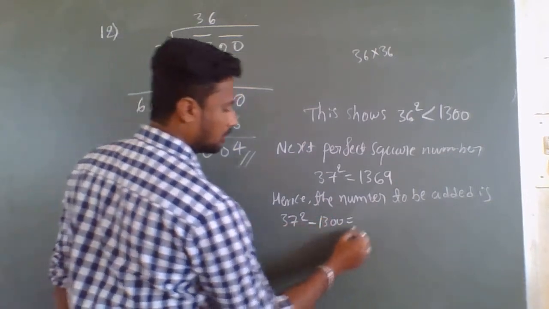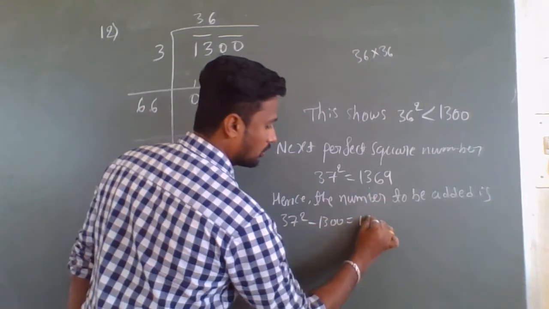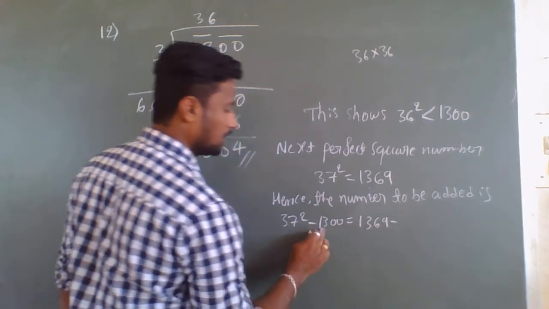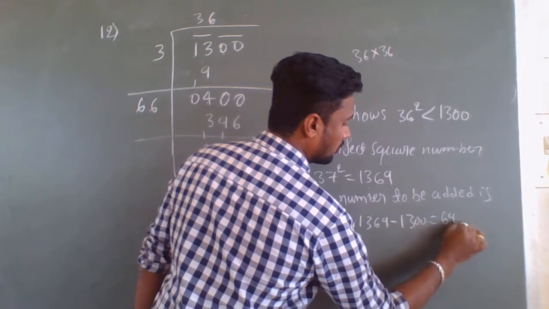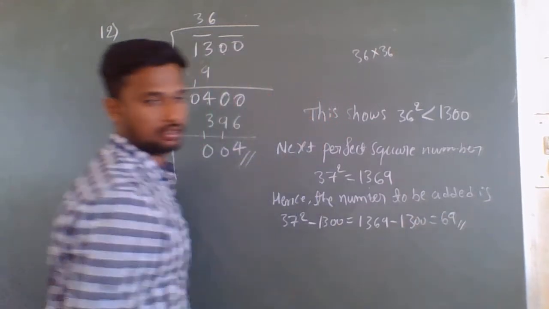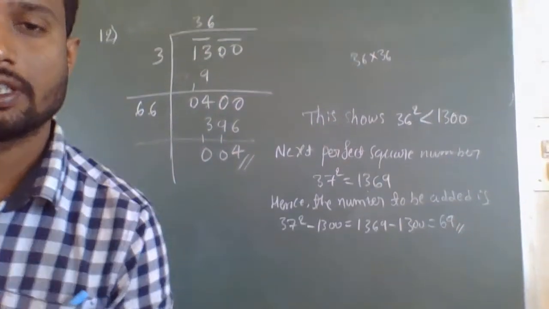So 37 squared is 1369, minus 1300, what do you get? 69 is the answer.